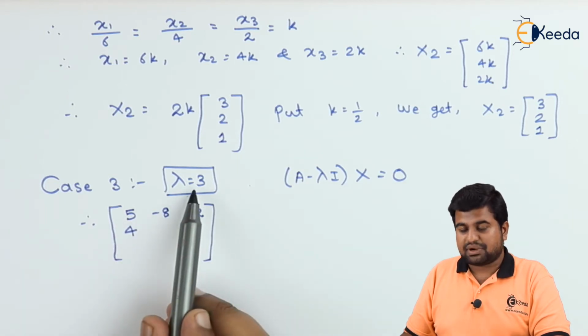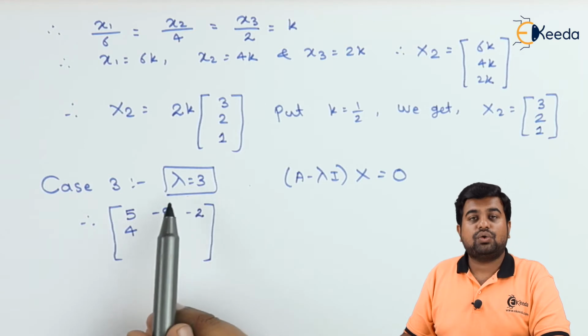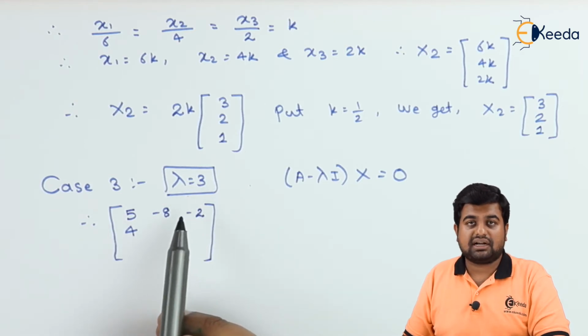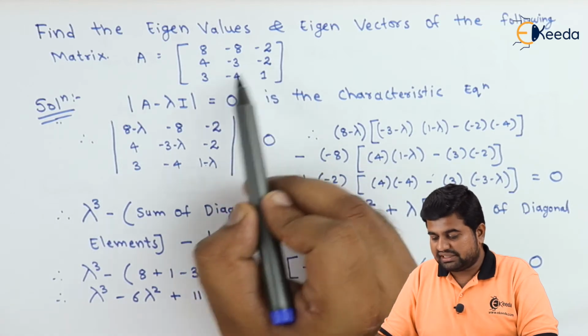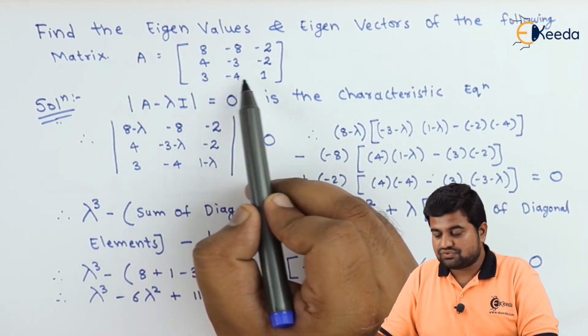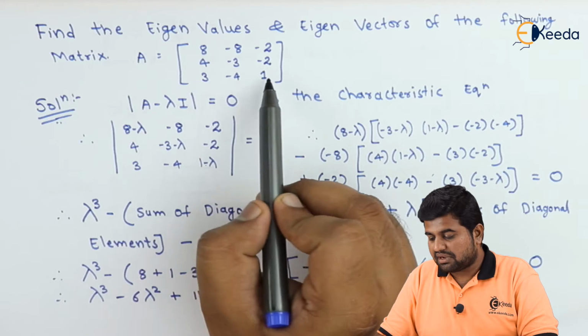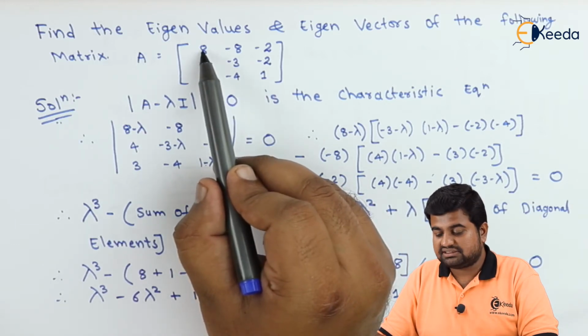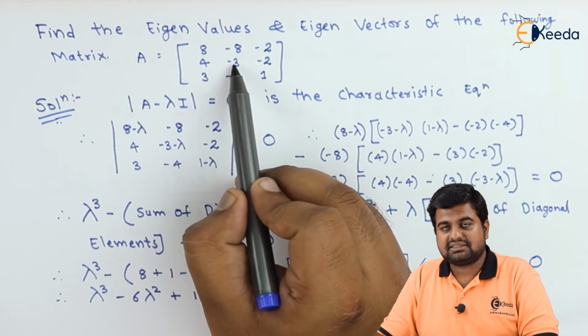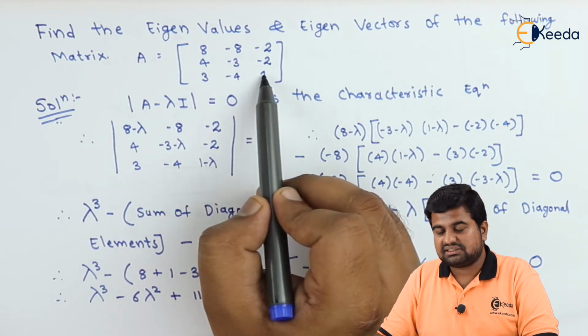Now we'll subtract lambda is equal to 3 from the original matrix. Now let us look at the original matrix. It is 8, minus 8, minus 2; 4, minus 3, minus 2; and 3, minus 4, minus 1. So I am going to subtract lambda is equal to 3 from the diagonal elements, that is 8 minus 3 is equal to 5, minus 3 minus 3 is equal to minus 6, and minus 1 minus 3 is minus 4.